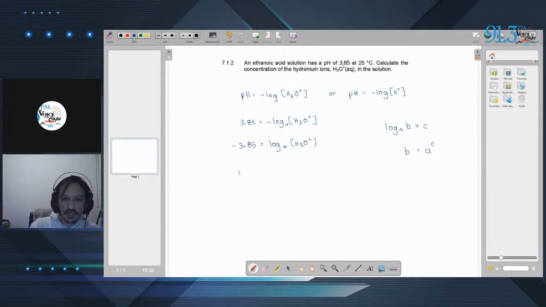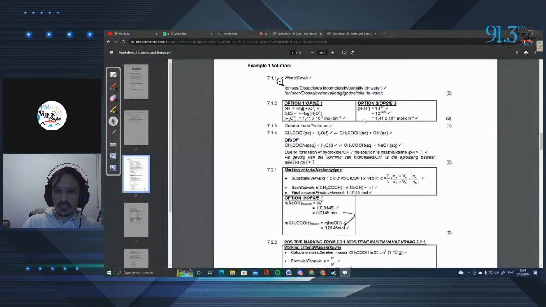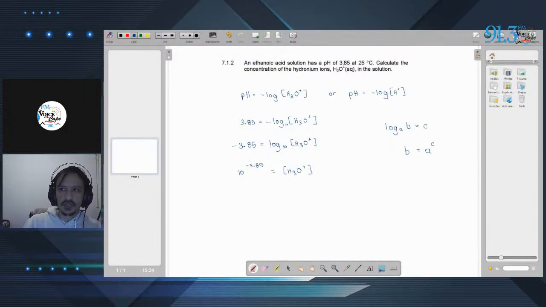And now we just take 10 to the power minus 3.85 is equal to H3O plus. And if we pop that in our calculator, we'll get the same answer as this over here, which is 1.41 times 10 to the minus 4 moles per decimeter cubed. Easy as that. Okay. Next question.